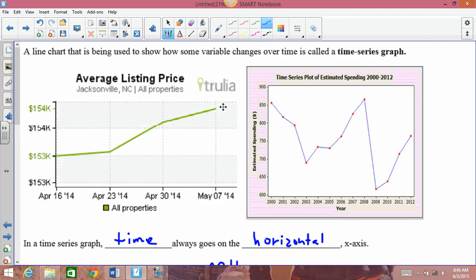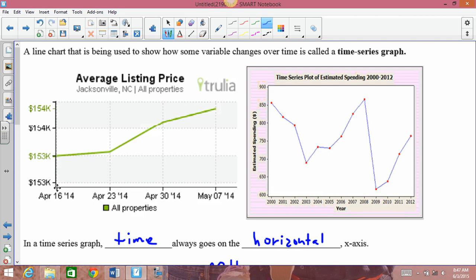But essentially, 153,000 to 154,000 isn't that big of an increase. The way the scaling has been done here makes it look that way. Another issue with this graph is that the y-axis is not equally spaced.